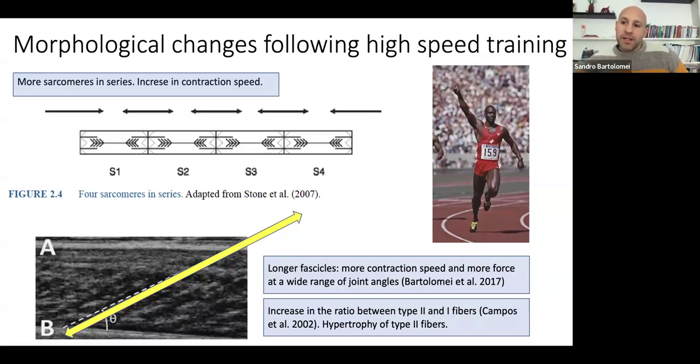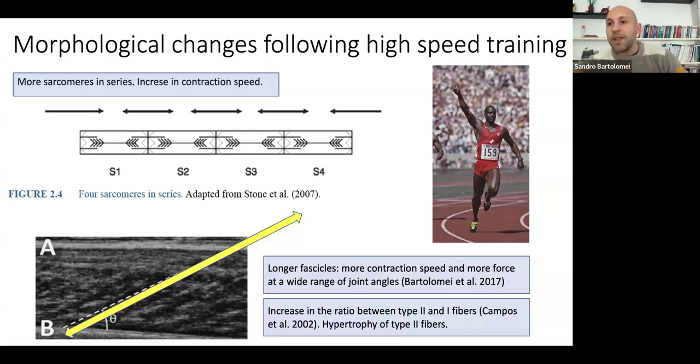By combining resistance exercise with jumps, throws, and power training, we may be able to also increase the ratio between type 2 and type 1 fibers. Why? Because you obtain hypertrophy of the fast fibers, okay? Not because you basically change the kind of muscle fiber, because the number of slow fibers is the same and the number of fast fibers is the same.